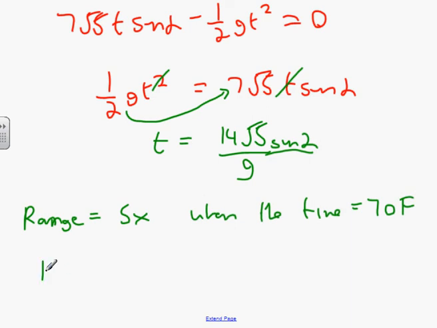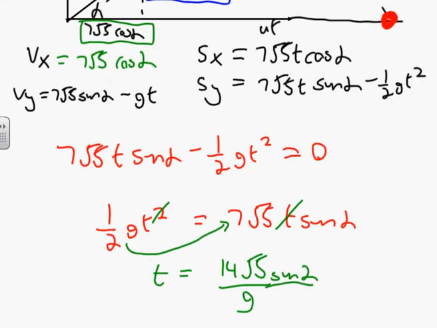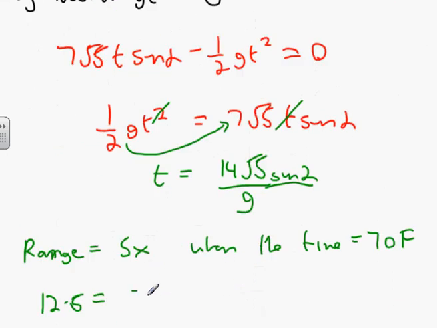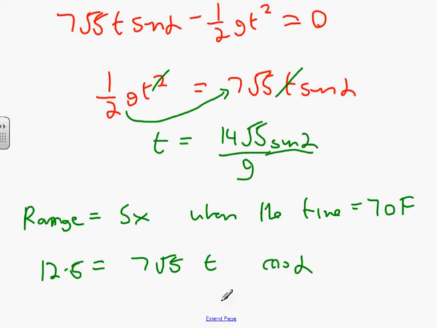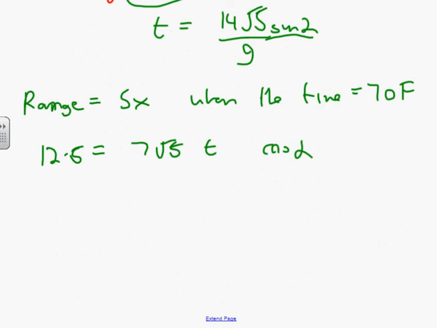So our 12.5 will equal the sx formula. The sx formula is 7 root 5 t cos alpha. Now, you see I spaced that out there, because we know what t is. You just simply rub this out, and we know that t is 14 root 5 sin alpha over g.